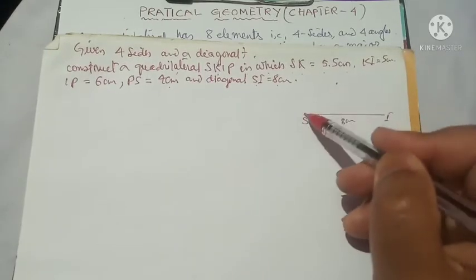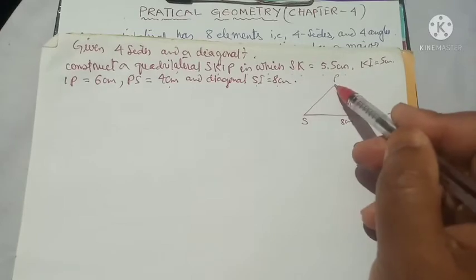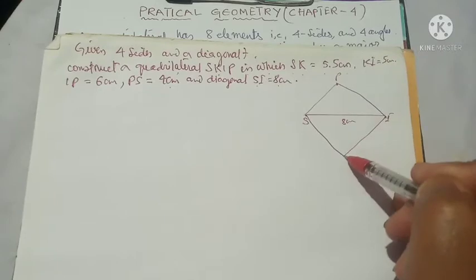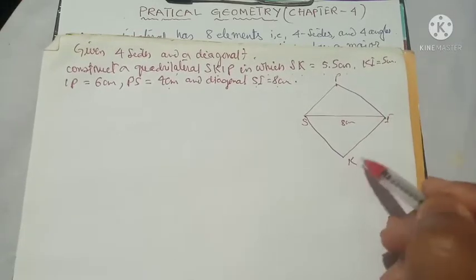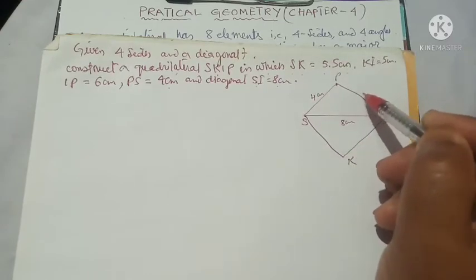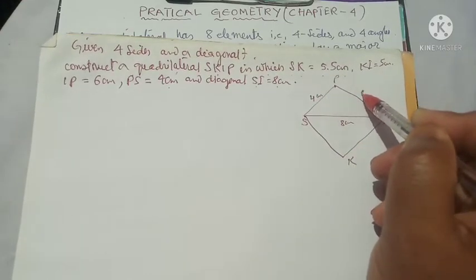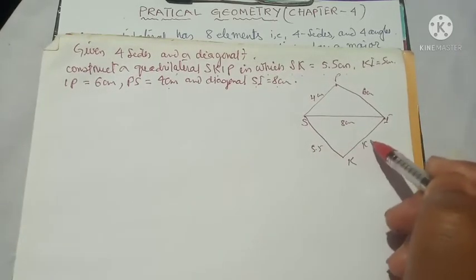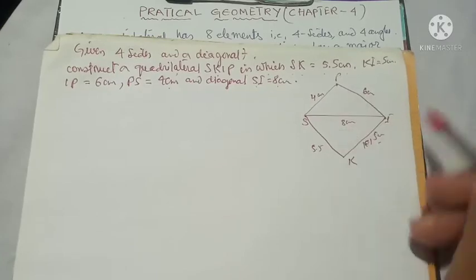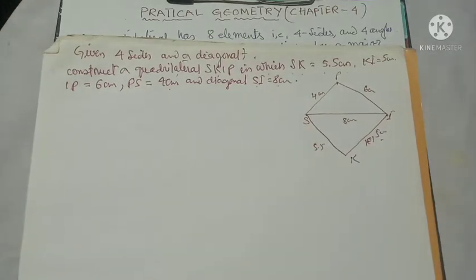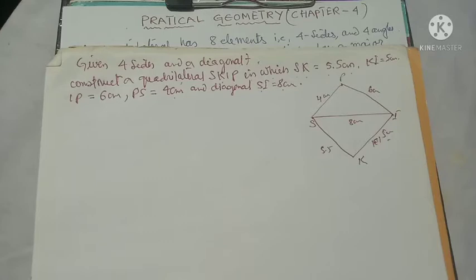And now comes P, and here comes K. PS is 4, PI is 6, SK is 5.5, and KI is 5 centimeters.